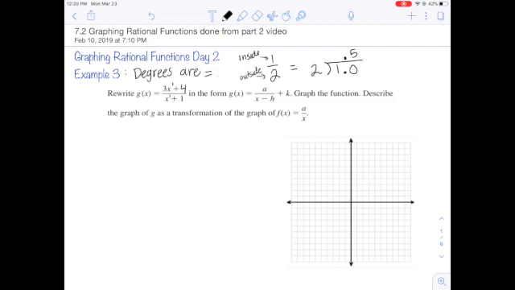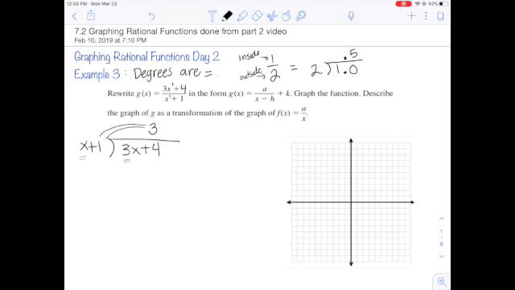Well, we set up our polynomial long division the same way, in the same order, so 3x plus 4 divided by x plus 1, like that. And then remember, in polynomial long division, you take your first term, the x, and multiply it by 3 to get 3x. So you write that above.